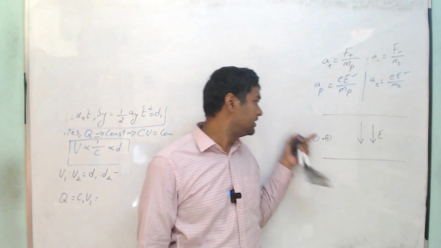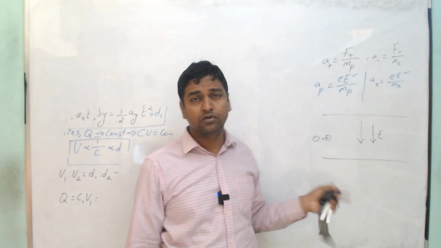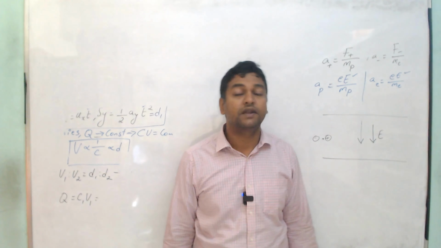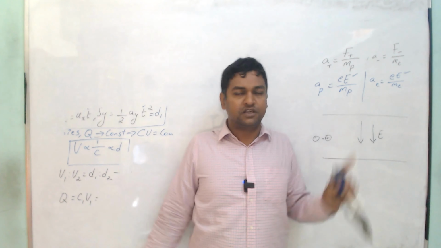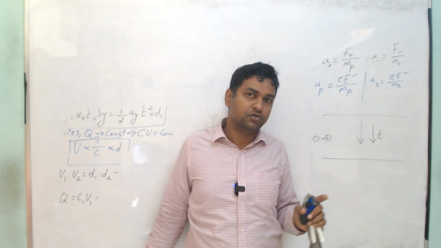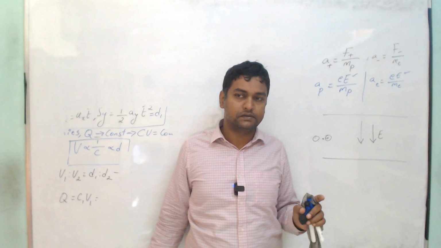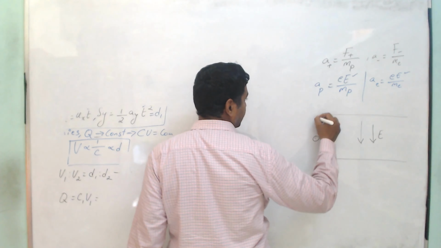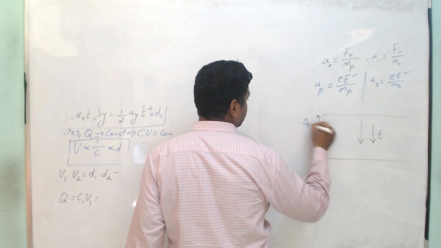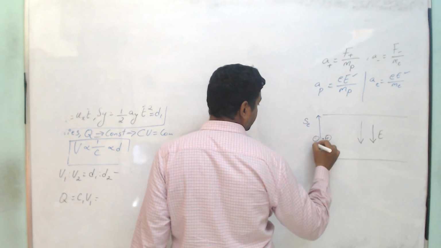It is taking equal time to reach the plates, but accelerations are different. Initial velocity is 0. So let my displacement of electron be SE and displacement of proton be SP.